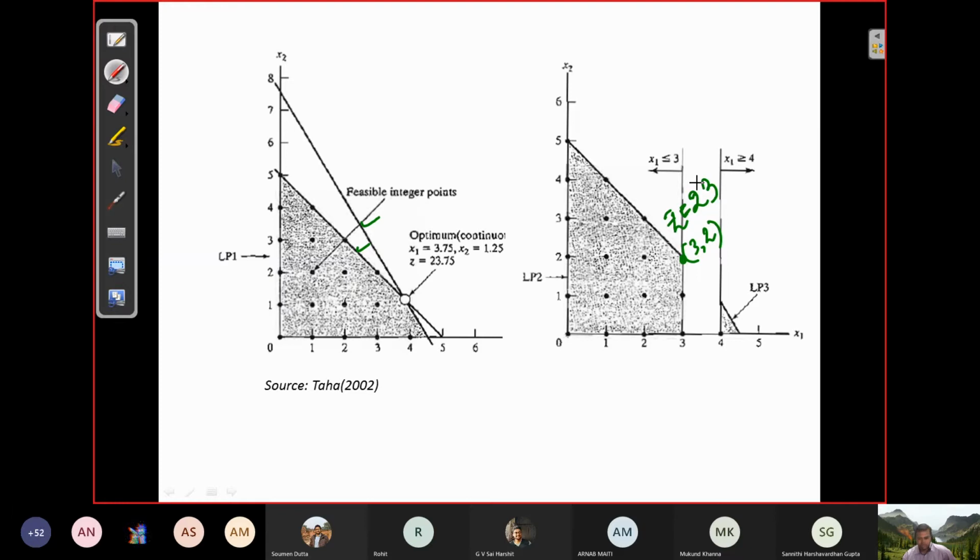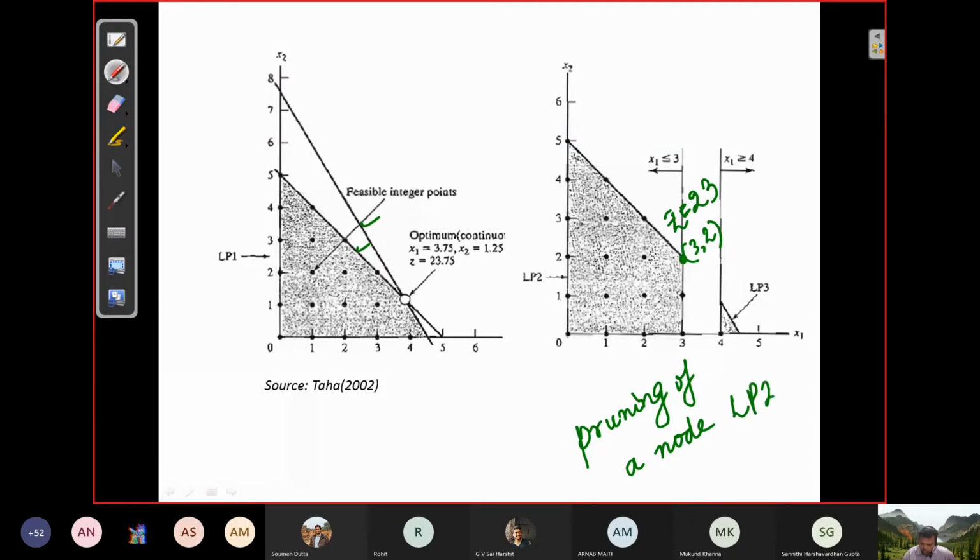You do not divide LP2. There is no need, because you know that this is the best integer point among all the integer points contained inside. Even if you go inside, you will not find anything better. So this LP2 is now solved, and because it gives an integer feasible solution, it is pruned. That means it will not be explored further. This is called pruning of a node.